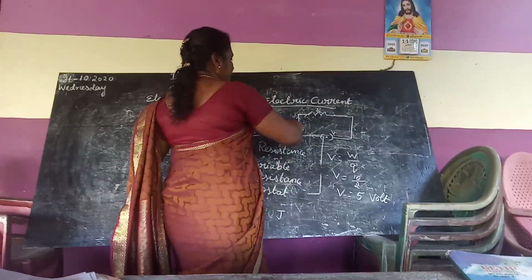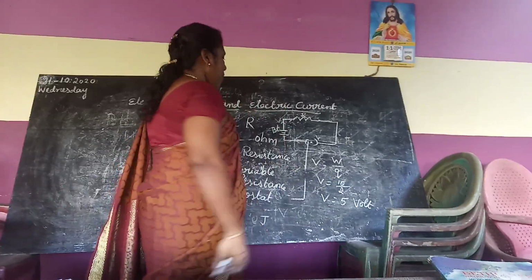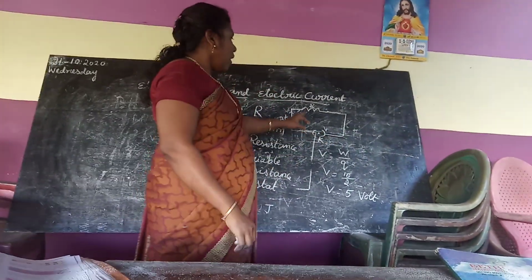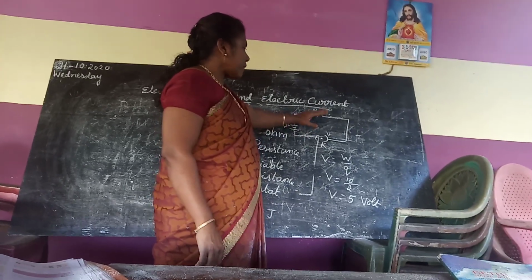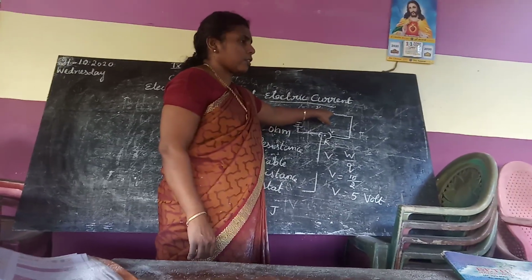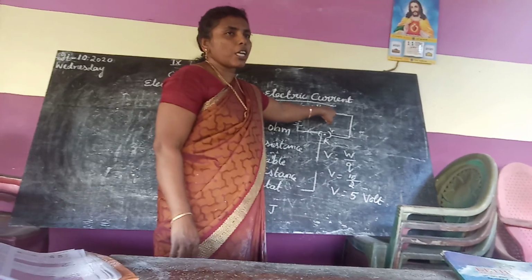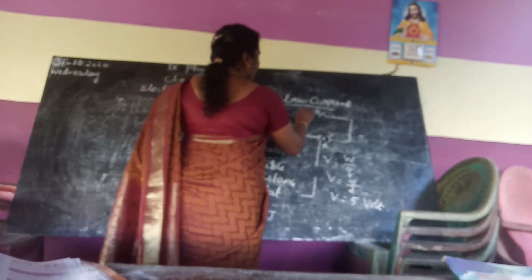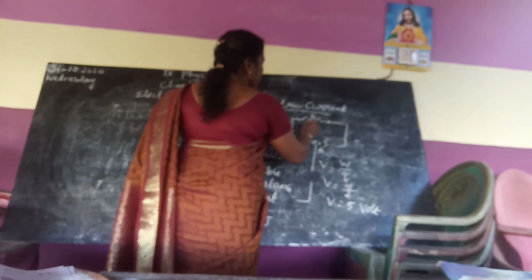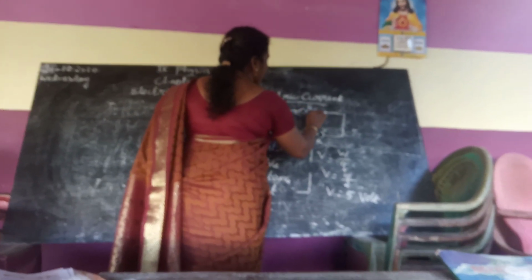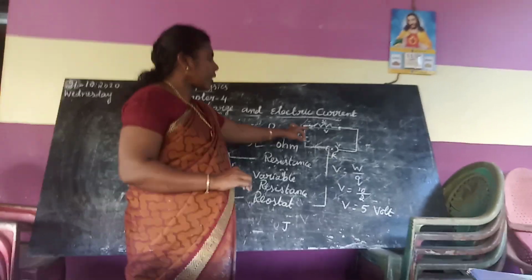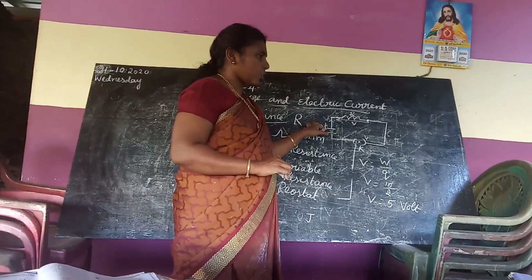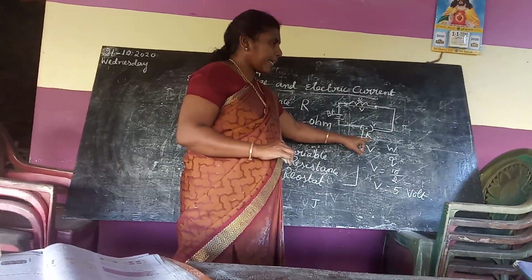The battery is written in short form as BT, and the switch as key K. Between the two ends of this resistance we can find the potential difference, denoted by the letter V.